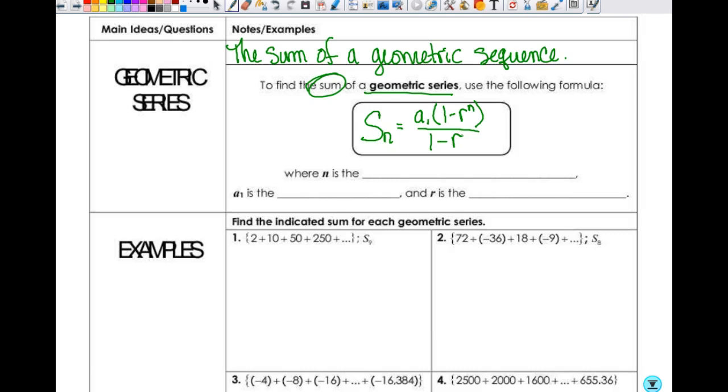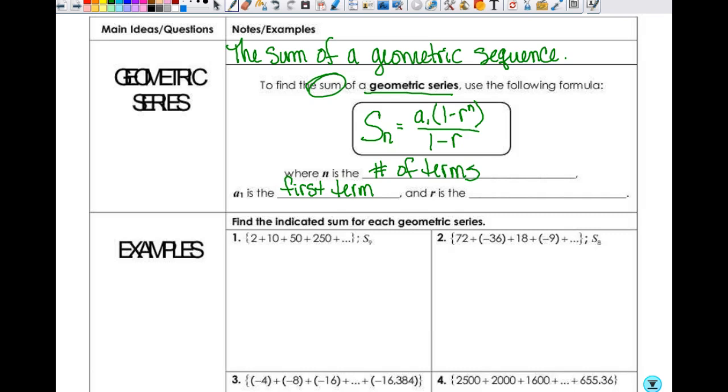Do the r's cancel out? No. If they did, why would they be there, right? So don't go doing anything weird with that. Where n is the number of terms, A1 is the first term, and it's because there's a lot of things that are the same.